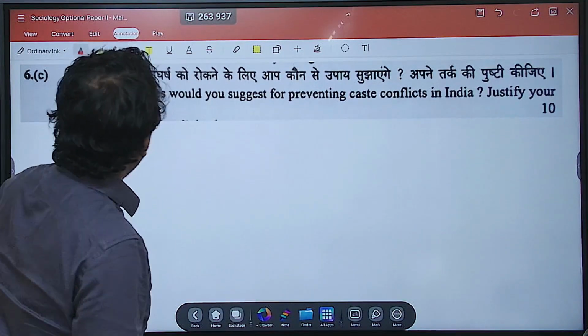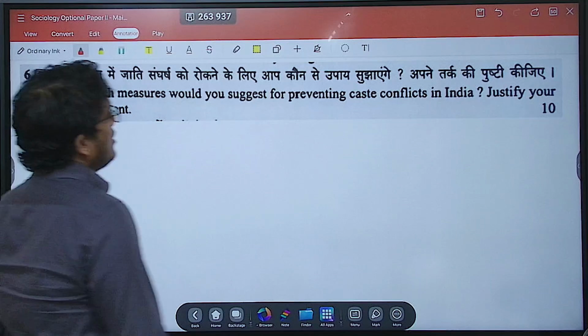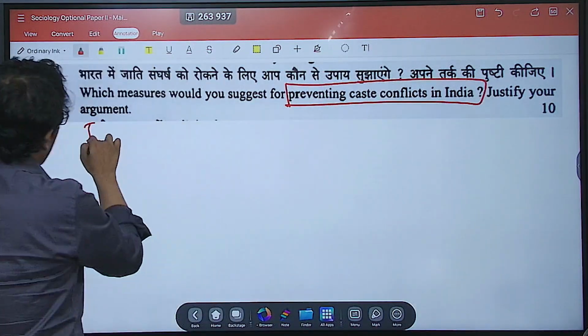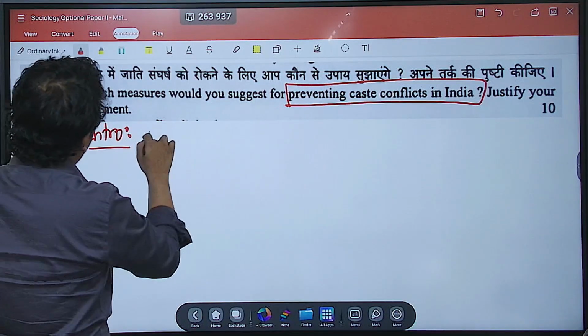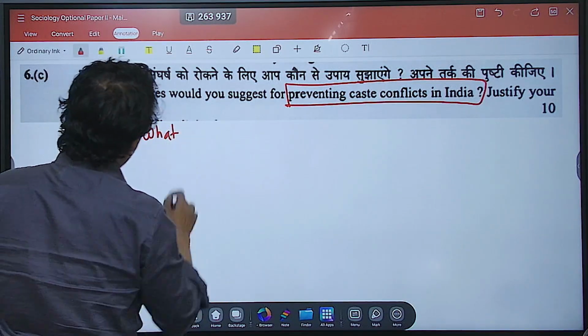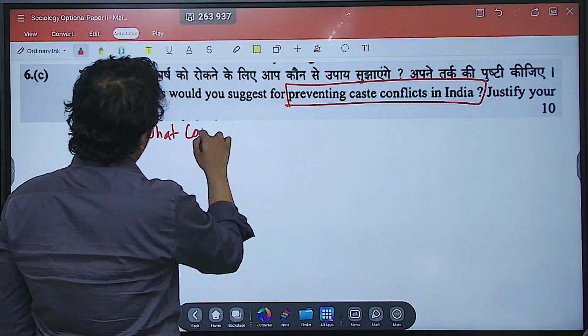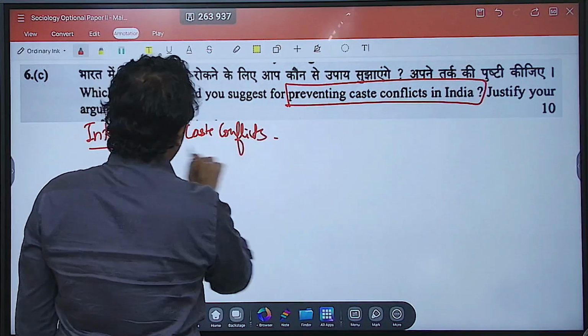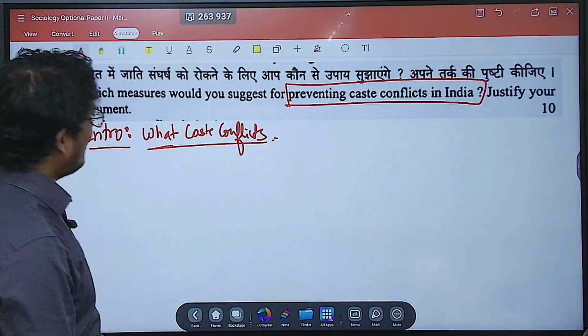Next, which measures would you suggest for preventing caste conflicts in India? So your introduction would be talking about the caste conflicts that are happening in India, giving some recent examples.